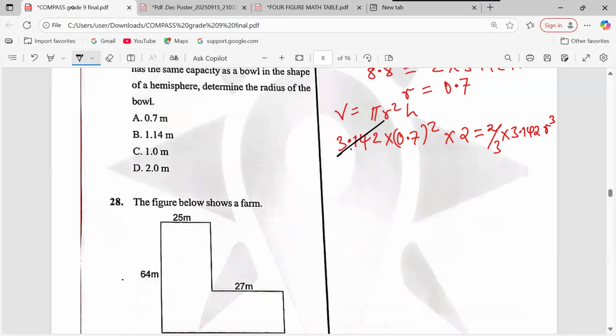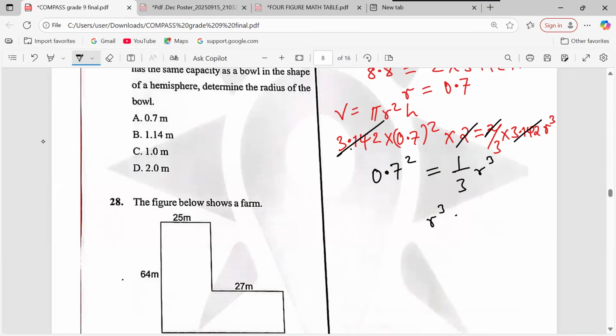Pi is appearing on both sides. 2 is also appearing on both sides. And the 2 here. So we get 0.7 squared equals a third r to the power 3.